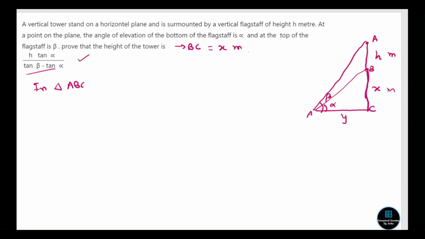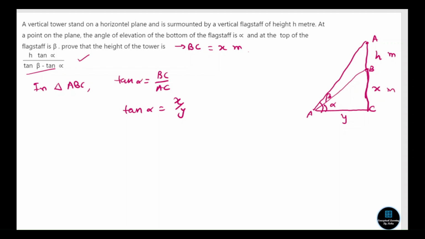Okay, mention this. Now in triangle ABC, what do we take? Tan alpha equals to BC to AC. Now tan alpha is how much? BC is x. So what I'll write? Tan alpha equals to x over y. I'll keep this aside. Okay.